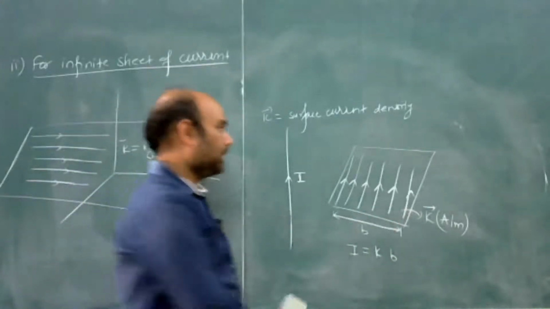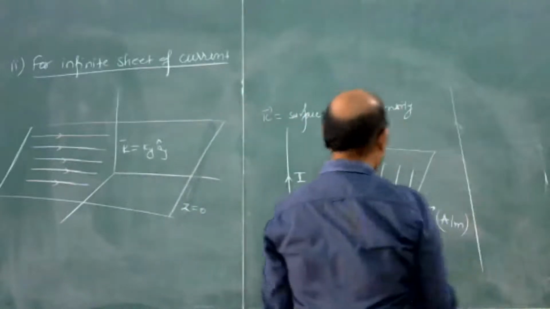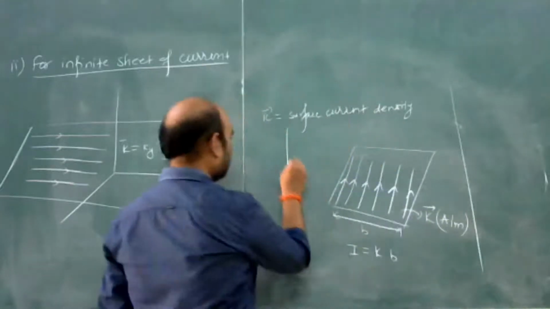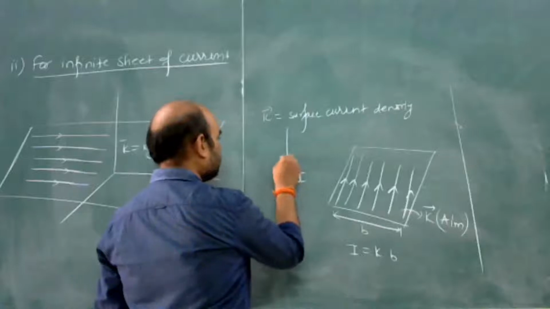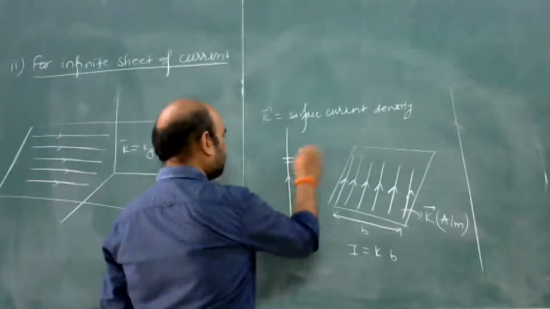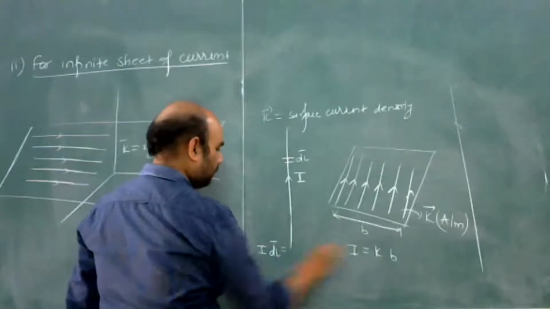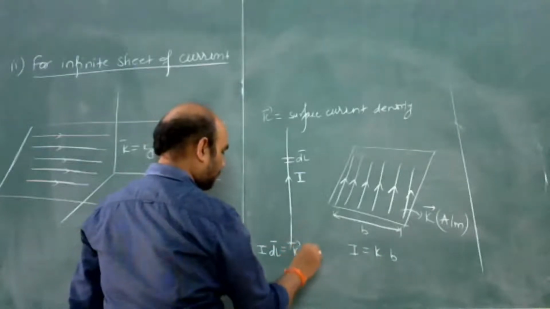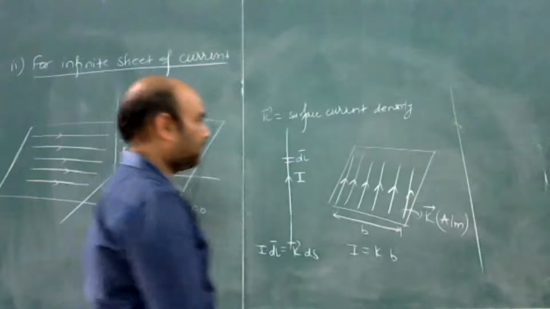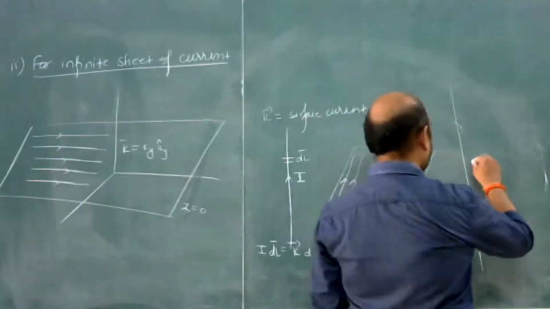Then third, we have the conductor. This is current filament, this is I real. And the third one is conductance.